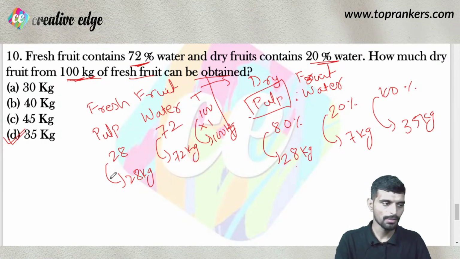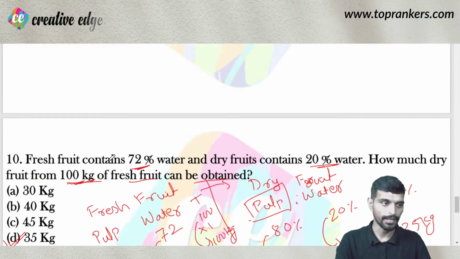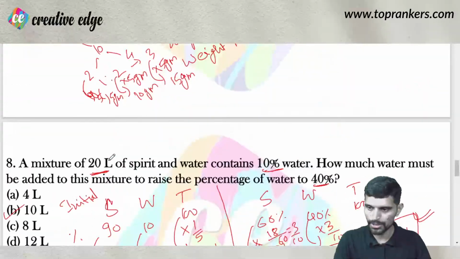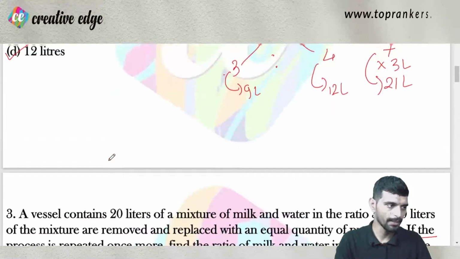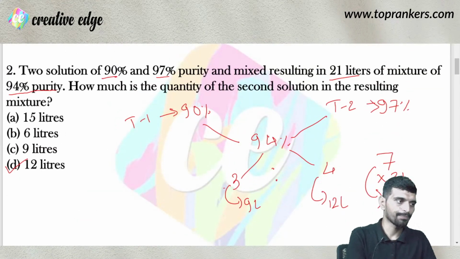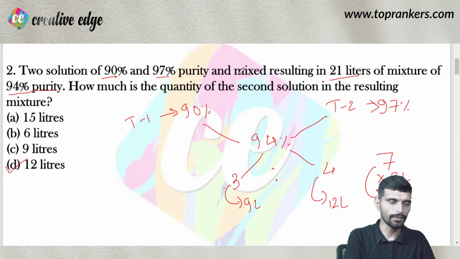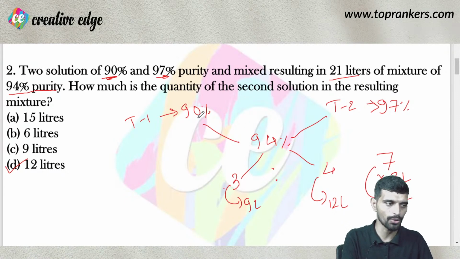Alright guys. So this is it from my end, but as per the request of the students, let's quickly go for the allegation method, Swapnil. See here, we apply the allegation method when you are given two individual values and their average is given to you.